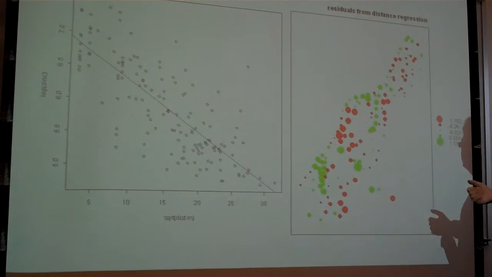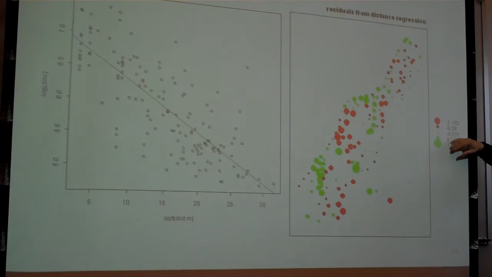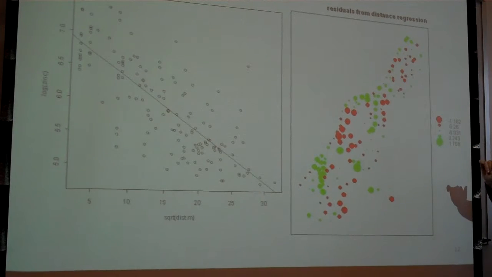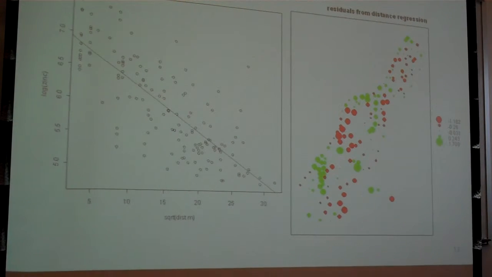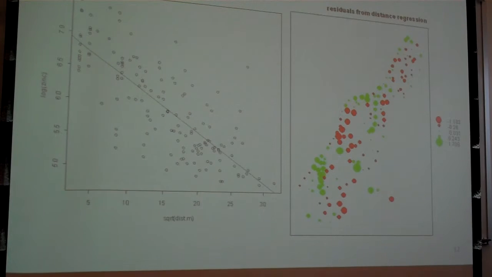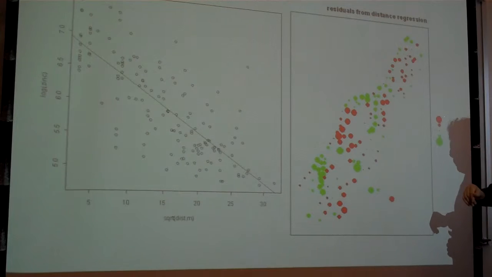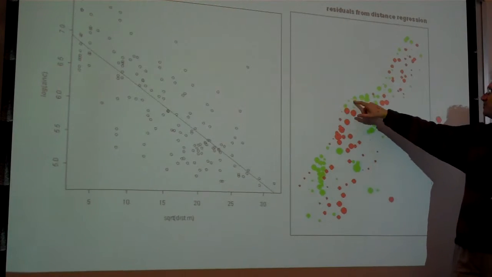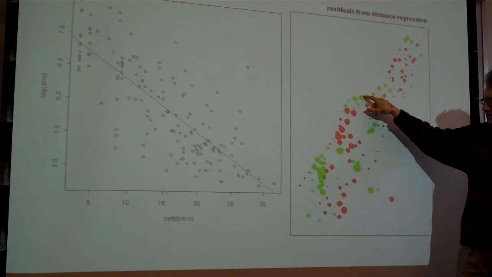And here's what we see. Again, the size of the bubble is the size of the residual. Red ones are negative, green ones are positive. One thing that's reassuring is that there's no longer any consistent pattern along the edge of the river.